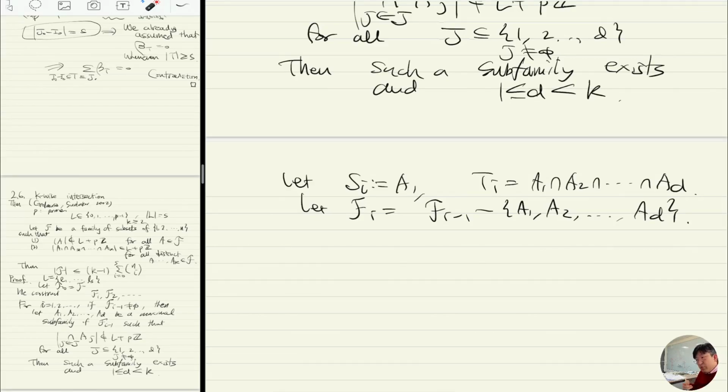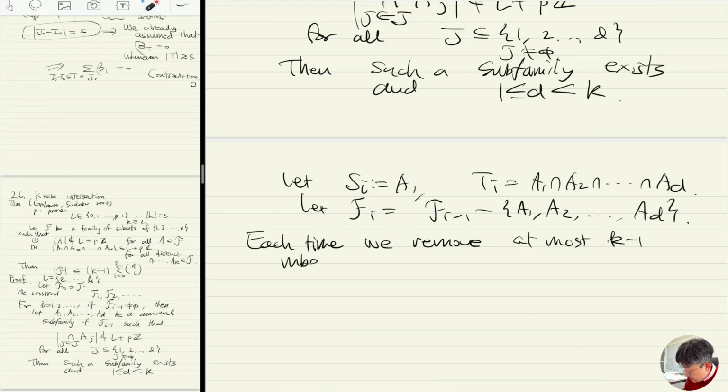Now, we repeatedly do this. How far can you repeat this process? Each time we remove at most k minus 1 members from F, so the number of steps we can continue is at least this much.